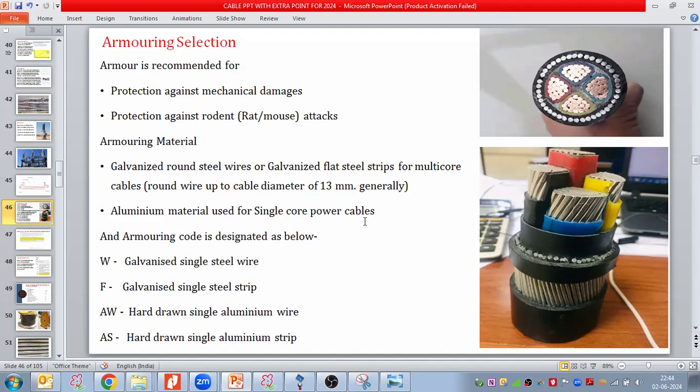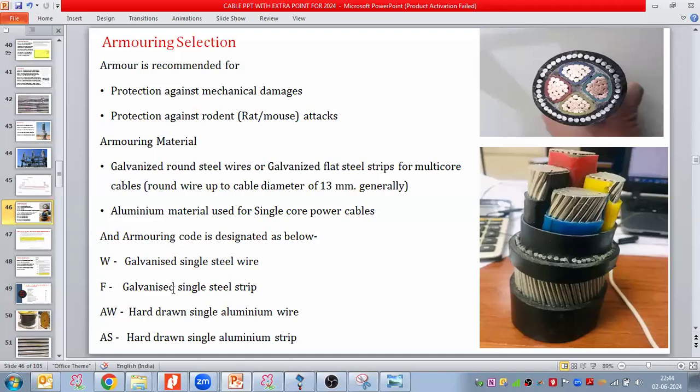And the armoring code is designated as below. If I'm taking the galvanized round steel wire, then generally we use W. In the cable code designations, I will come to the cable code designation separately, but here I'm telling you the letters we use.